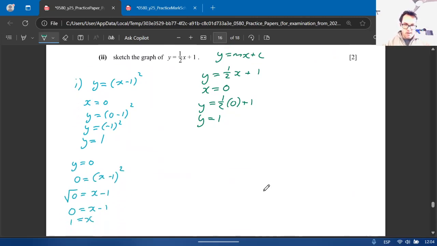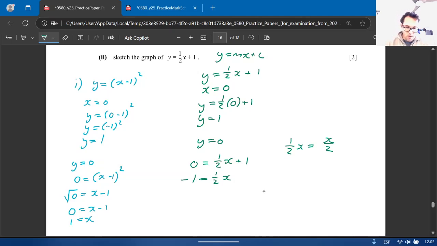Then we make the y 0, which gives us 0 equals a half x plus 1. Subtract 1 from both sides. And now remember, half x is the same as x divided by 2. If you half something, divided by 2 is the same thing.